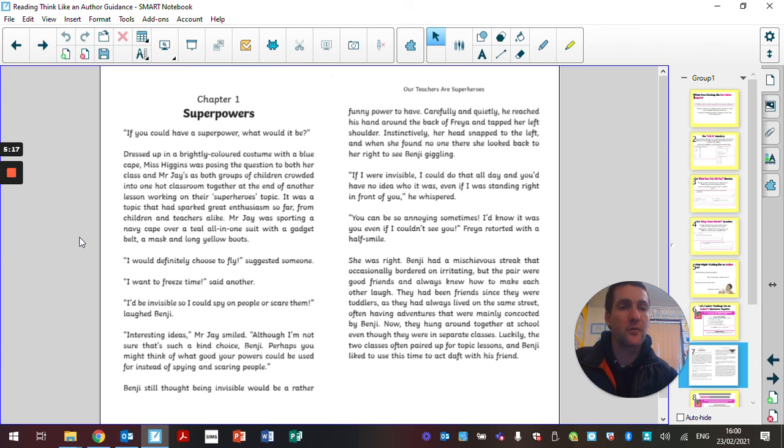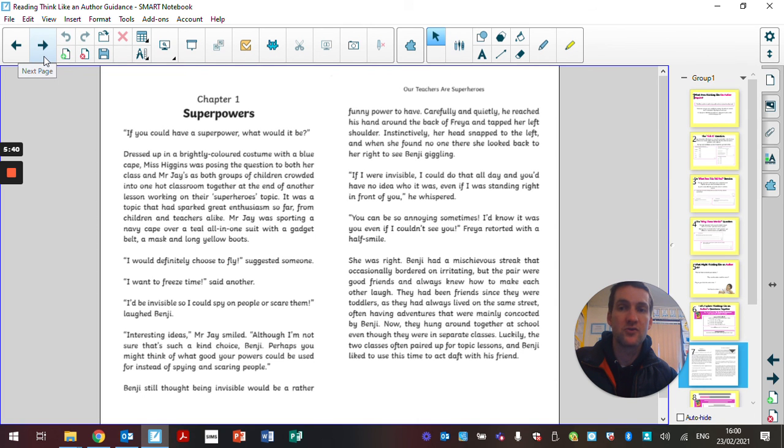But don't forget, if you are using parts of a text to get your answer, underline those bits that you are using to help you, particularly for those last two questions where you have to write your own answer. So have a real good go, and then when you're ready, unpause the video and we'll go through the answers together.